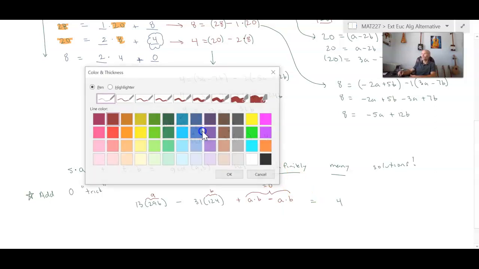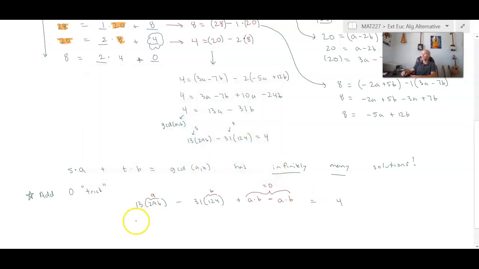But the power in doing this is I'll have 13 times 296 minus 31 times 124 plus A times B. Okay, so plus 296 times 124 minus 296 times 124.